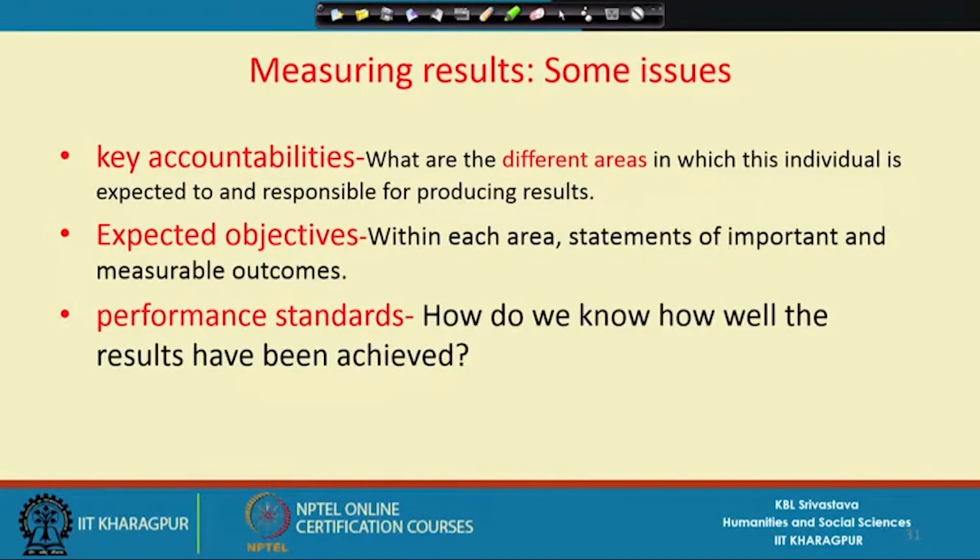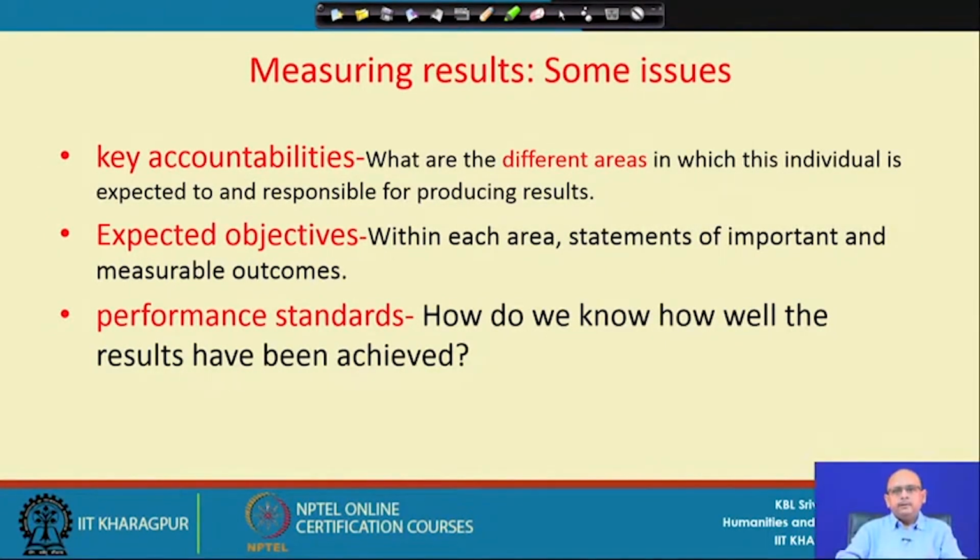Now, when it comes to measuring results, it is the performance standards or the targets that a person has to meet. Once this performance criteria is established, you are going to measure the individual performance against the same performance criteria, and there are three factors which are very important.